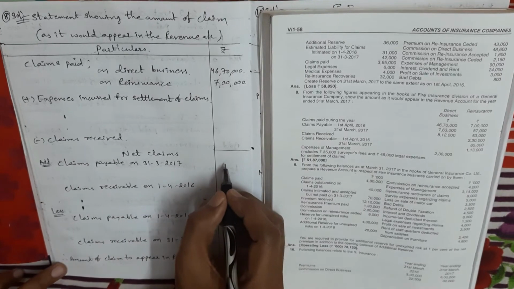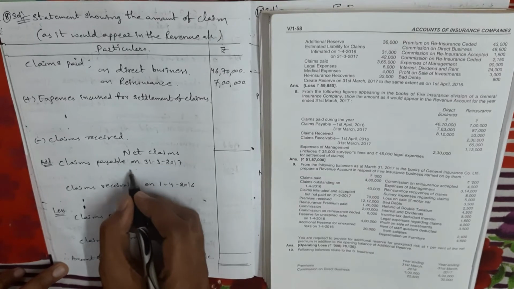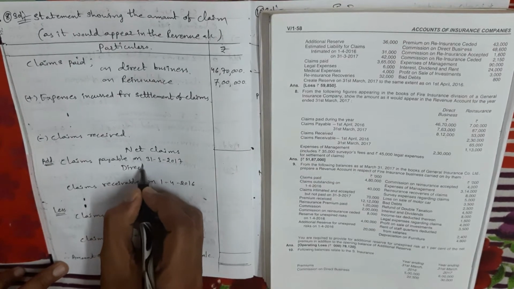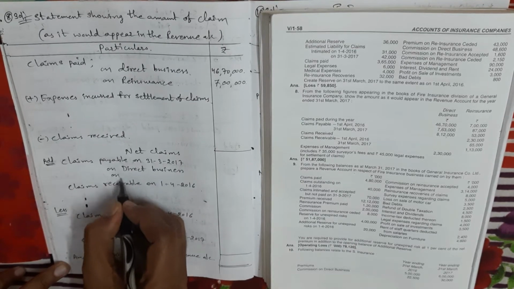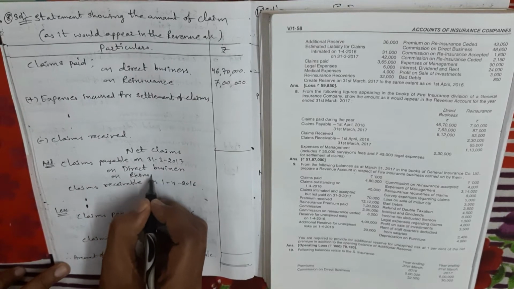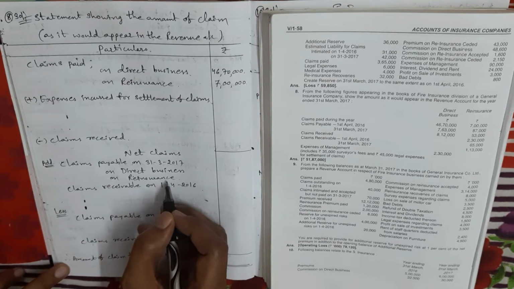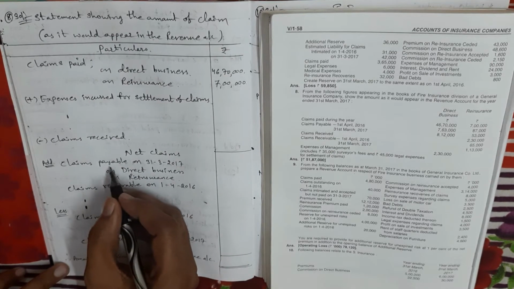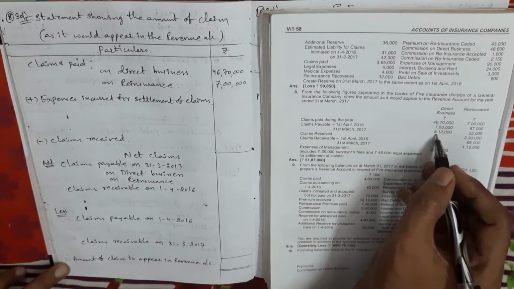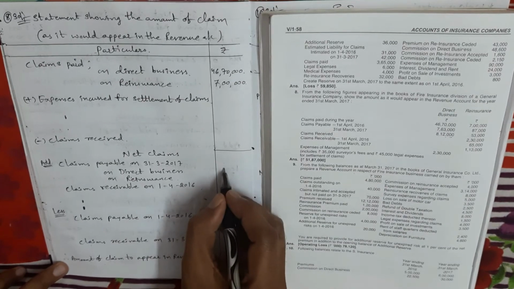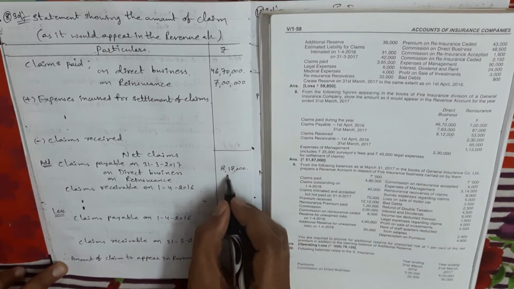So the closing amount, on direct business and on reinsurance, claims payable amount is given. The amount on direct business is 8 lakhs 12,000, and on reinsurance 53,000.